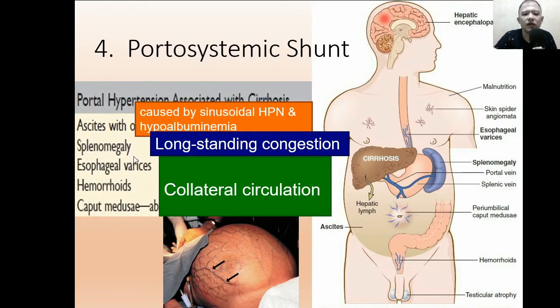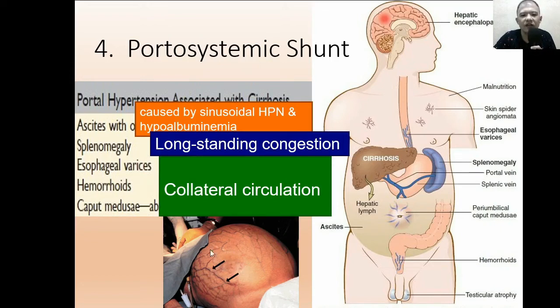The other manifestations are splenomegaly, and the last three are a result of the intense portal hypertension. There's formation of collateral circulation, collateral channels. Thus you have esophageal varices, hemorrhoids, and the caput medusae.